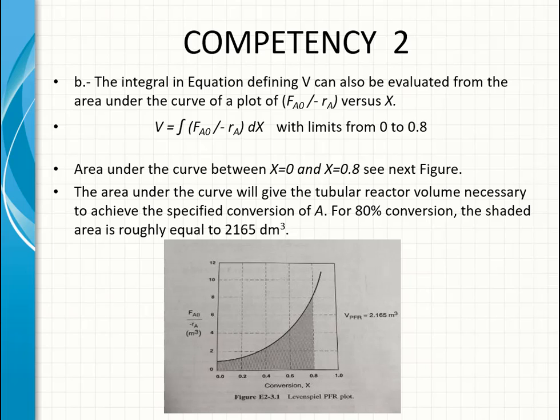The area under the curve between X equals 0 and X equals 0.8 is in the figure at the bottom of this page, and this area corresponds to 2,165 liters. This plot is the Levenspiel plot for a PFR.